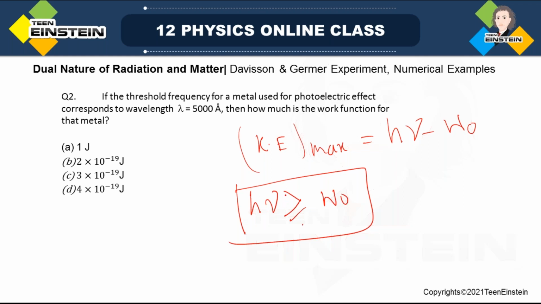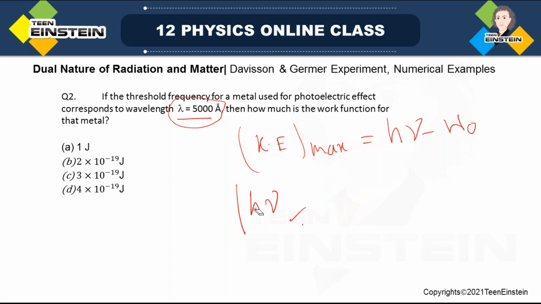As long as the incident energy does not become equal to the work function, you are not going to see any photoelectric effect. So in this case you have to use this concept to find the work function of the metal. If radiation of this wavelength exhibits the photoelectric effect, then the energy corresponding to this wavelength must be equal to the work function.